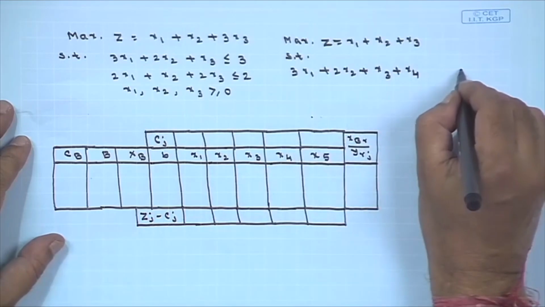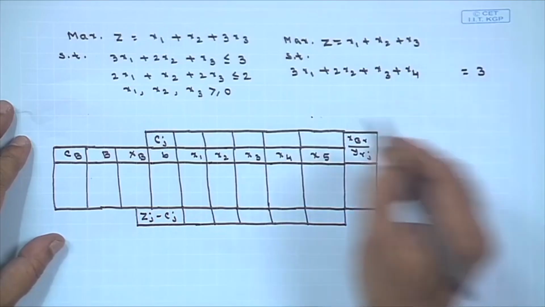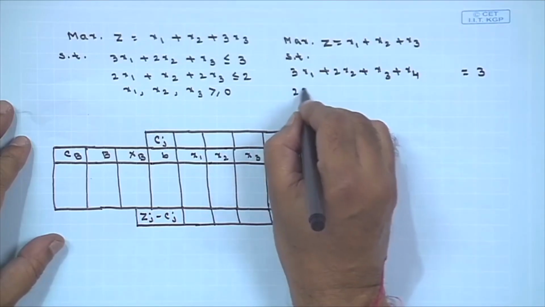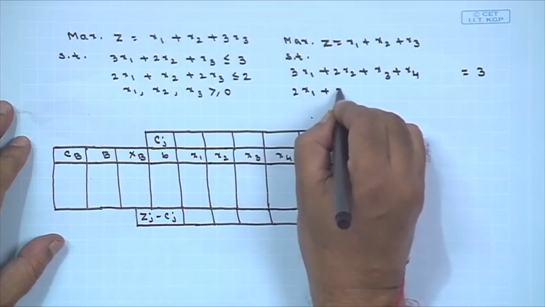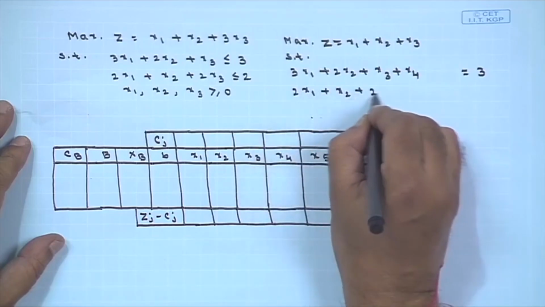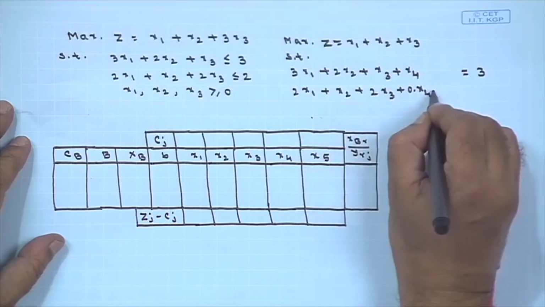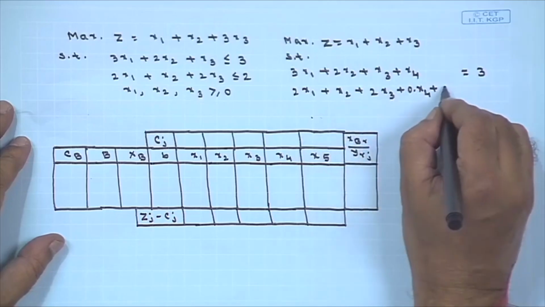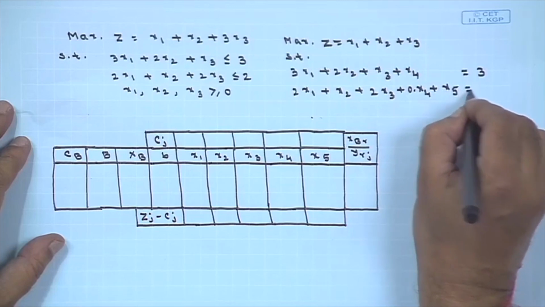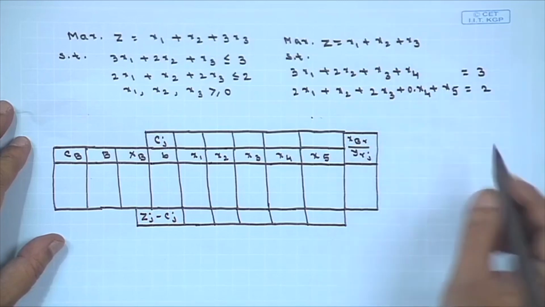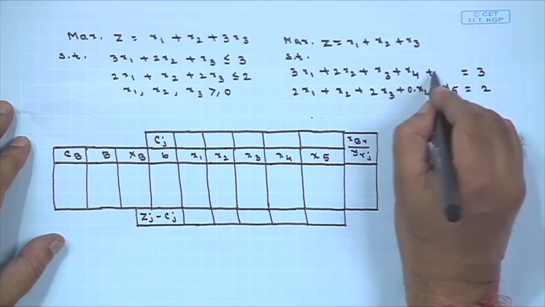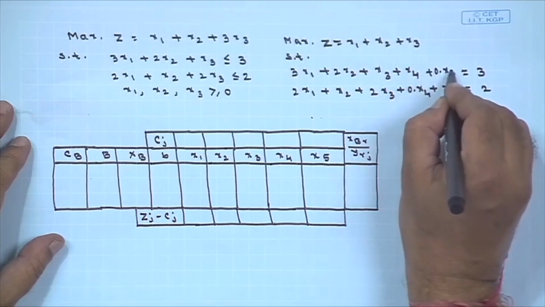The next one is 2x1 plus x2 plus 2x3, with 0 into x4, plus x5 equals 2. Here I can write it as 0 into x5 always.